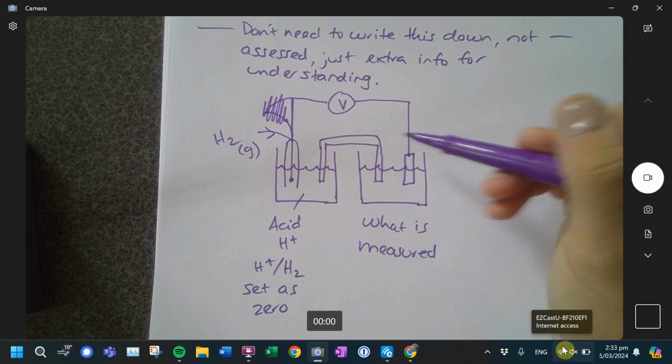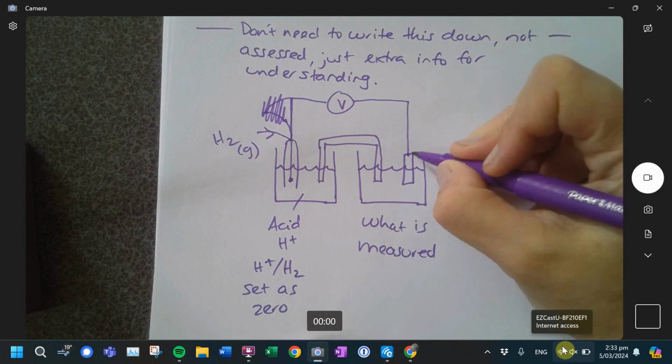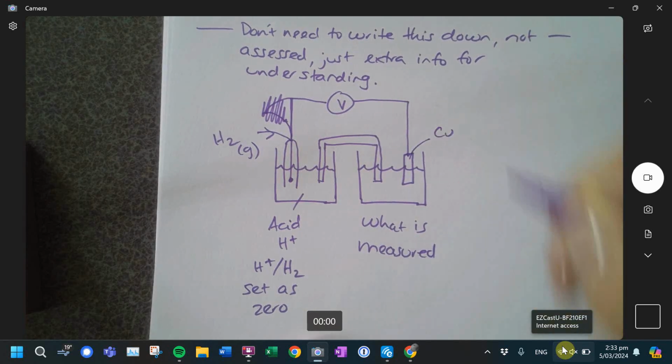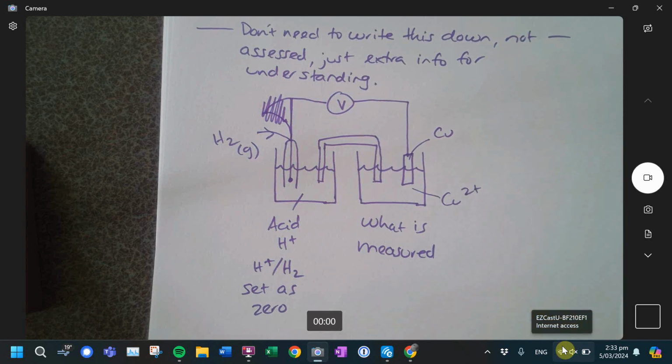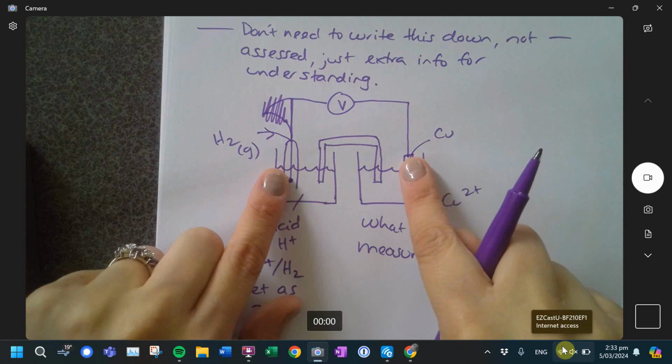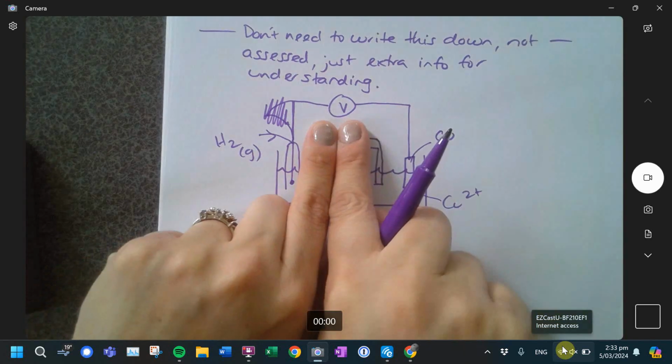This then is whatever we're testing and measuring. So say, for example, if I wanted to do copper, I'd make this the copper metal and this the copper 2 ion. I would set up this cell. This cell is spontaneous. It will do a chemical reaction without any energy input. In fact, it won't be making energy. When it makes that energy, we can read that on the voltmeter.